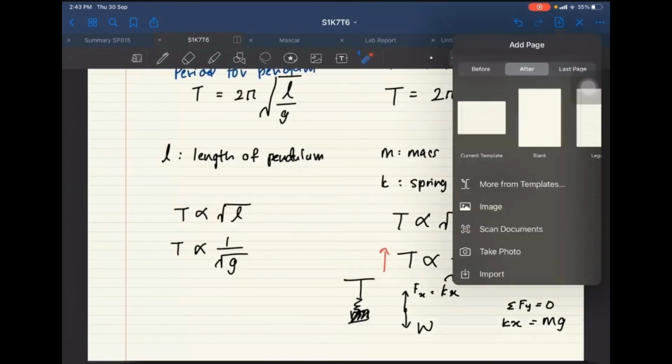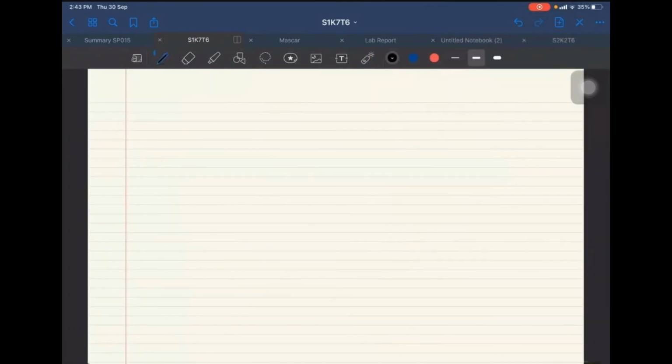Okay, for the pendulum, they will ask you to work out a relation. For example, they say initially the length of the pendulum is, let's say, L. Okay, after that the length of the pendulum is doubled. What happened to the period? So what is the relation between the final period and the initial period?